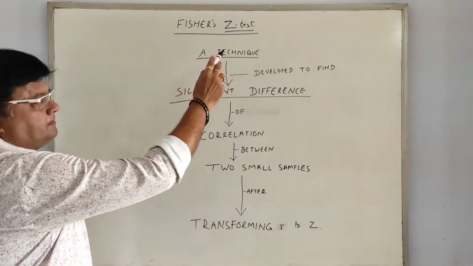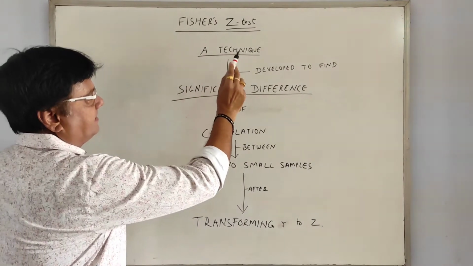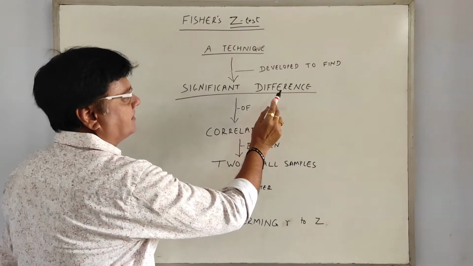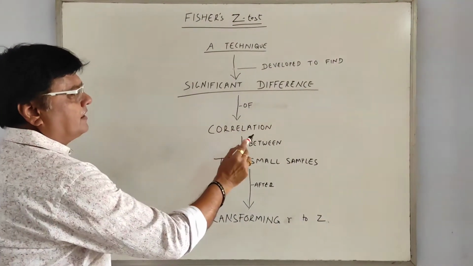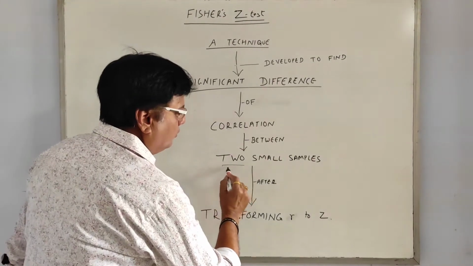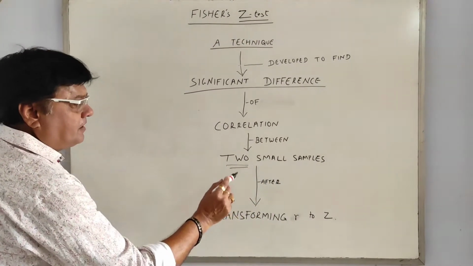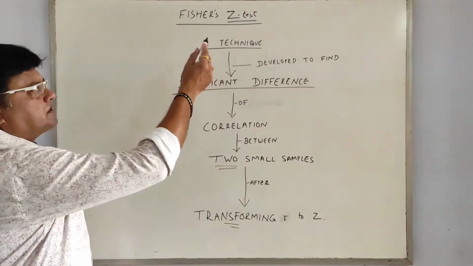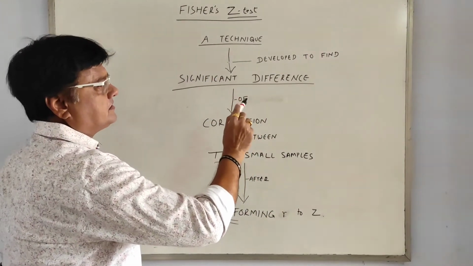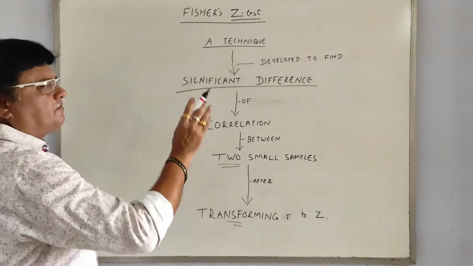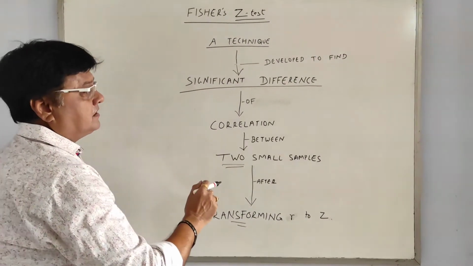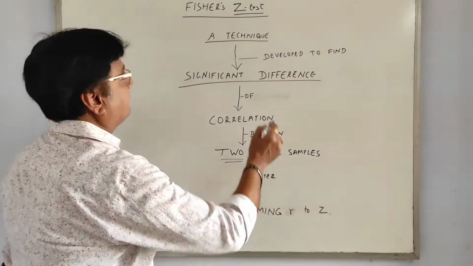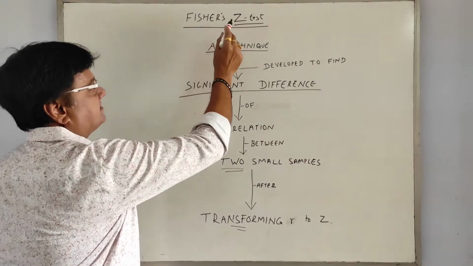Fisher's Z-test is a technique developed to find significant difference of correlation between two samples after transforming R to Z. The questions will be given with R correlations, and we have to find the significant difference between the two samples after transforming it to Z. That technique is known as Fisher's Z-test.